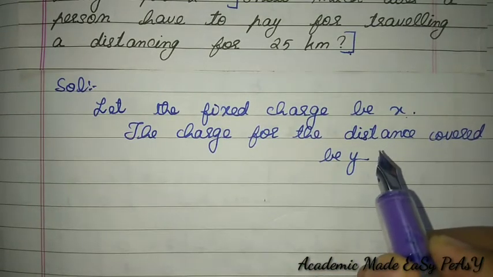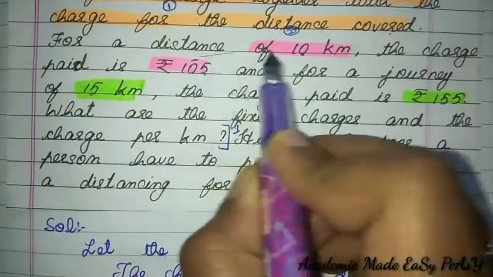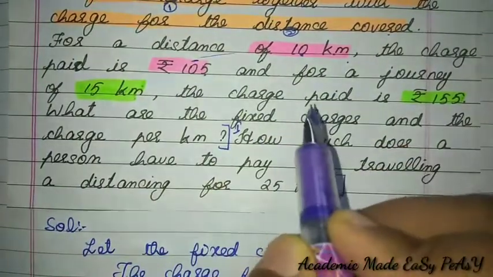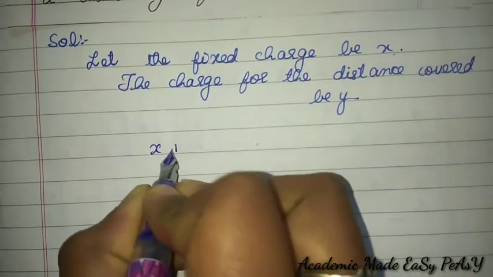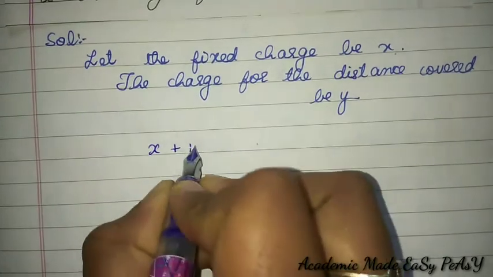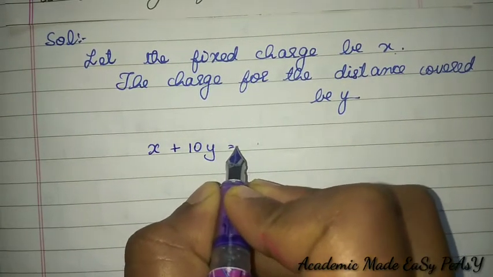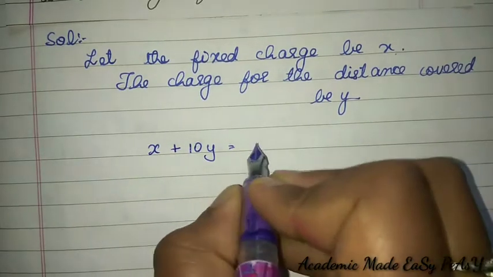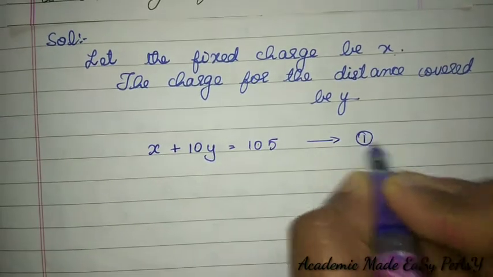So now according to the question, let's start writing. First it is given that for a distance of 10 kilometers it is 105. So my fixed charge is x plus 10 into y, since per kilometer some charge will be there, is equal to 105. Let this be equation 1.